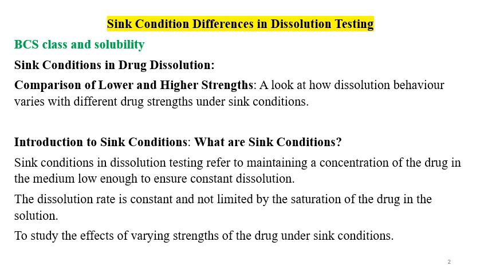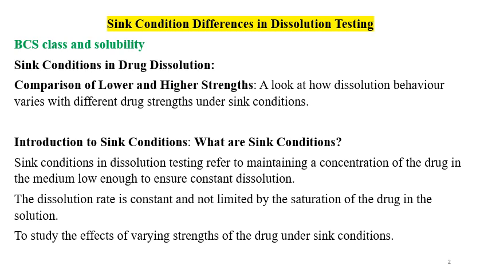So sink condition is affected by BCS class and the solubility. The solubility may be the BCS solubility, or it may be the saturation or equilibrium solubility. Next, in the comparison of lower and higher strength, we'll take a look at how dissolution behavior varies with different drug strengths under sink conditions.